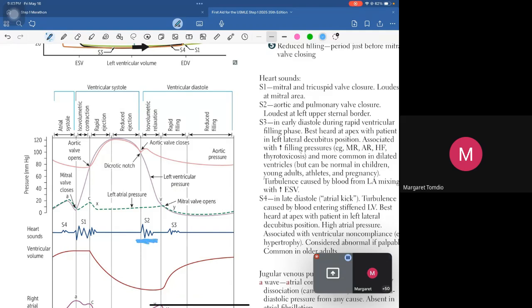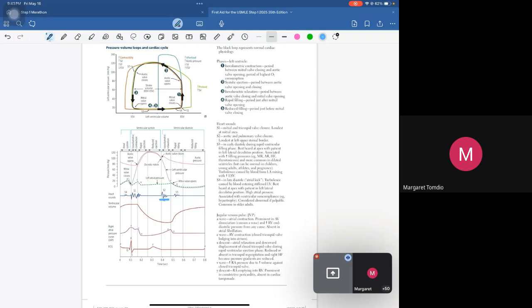So remember, what was the X wave? The X wave was the wave when the atria were relaxing and there was rapid ventricular ejection.